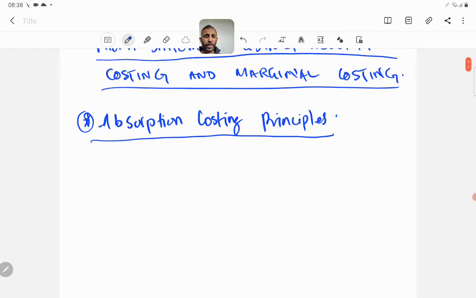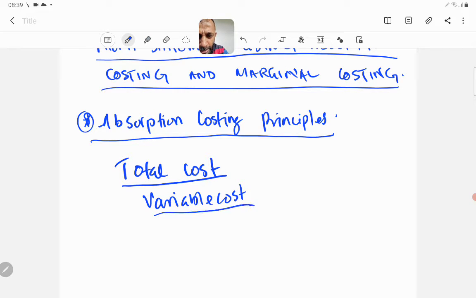In preparing a profit statement using absorption costing principles, there are some basic calculations we may have to do before we go on to prepare the profit statement. First of all, we need to calculate the total cost. Total cost includes variable cost.